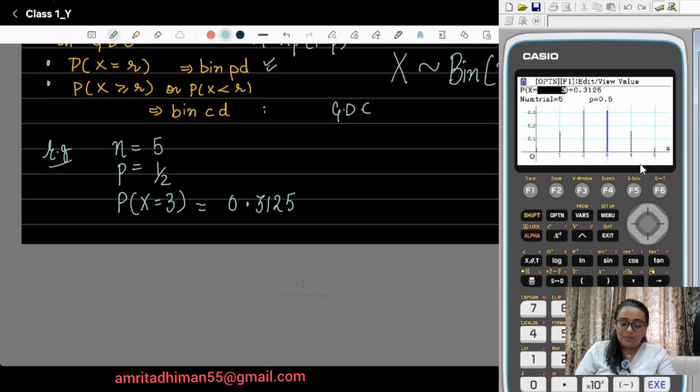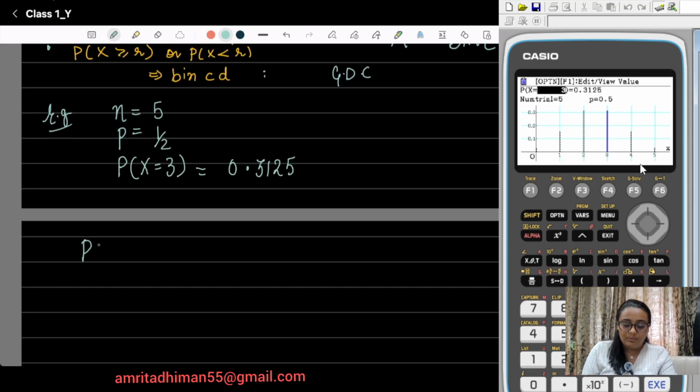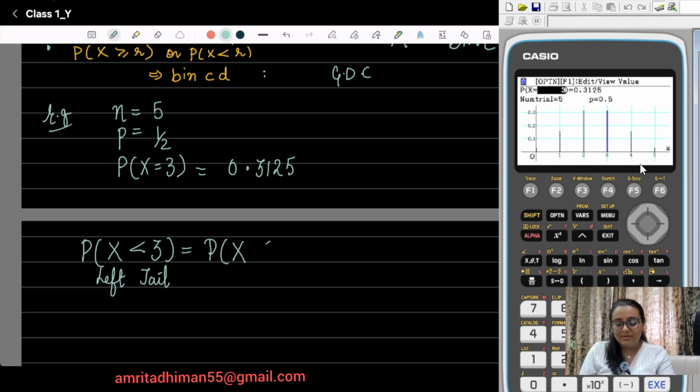Now if you need to find the probability x is less than 3, probability less than 3 means we need to choose left tail, right? Or else I can write this as the probability x is less than or equal to 2.